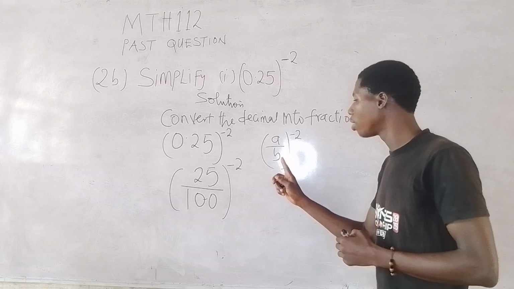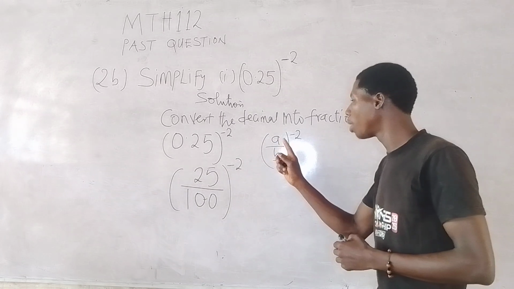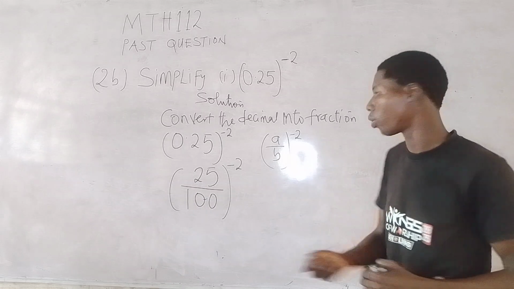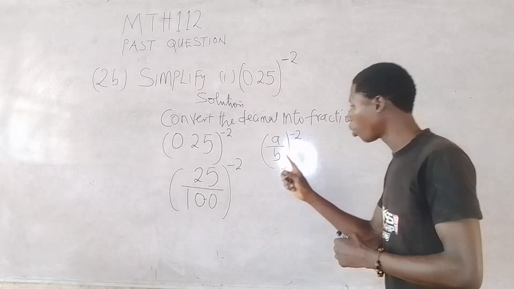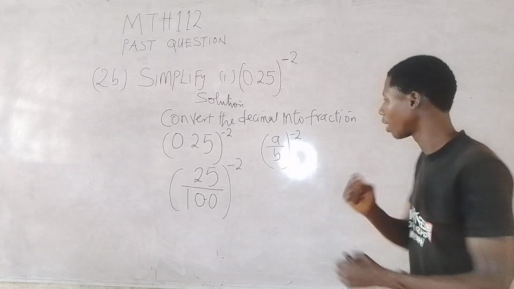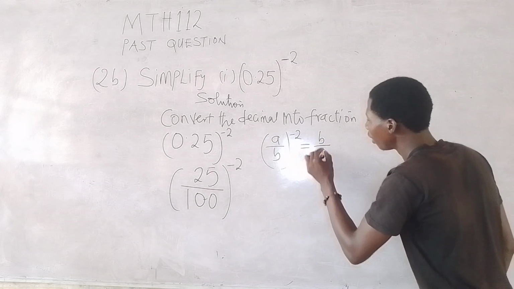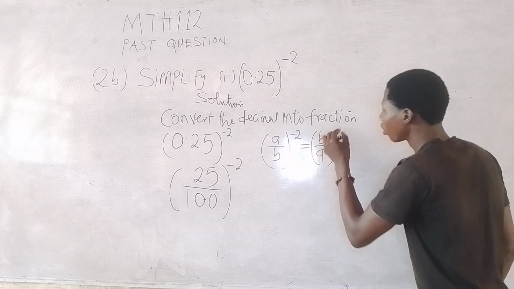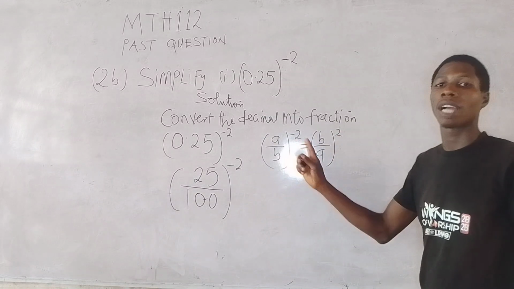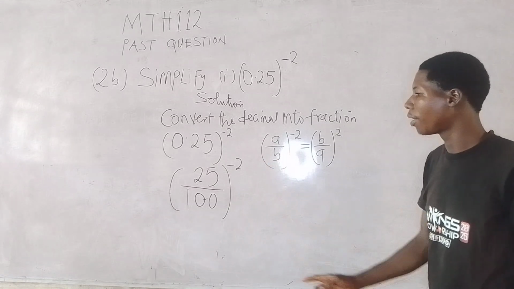This denominator will become the numerator, and the numerator will become the denominator. The bottom will become the top, and the top will become the bottom. It's equivalent to b over a raised to 2. The minus is no longer there. This is the law that we are going to apply here.